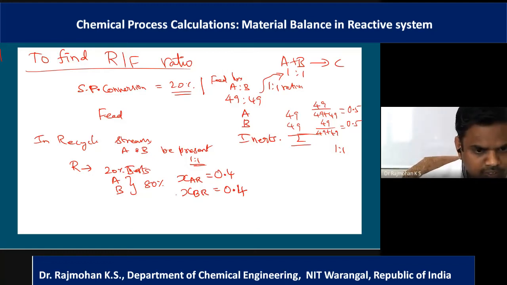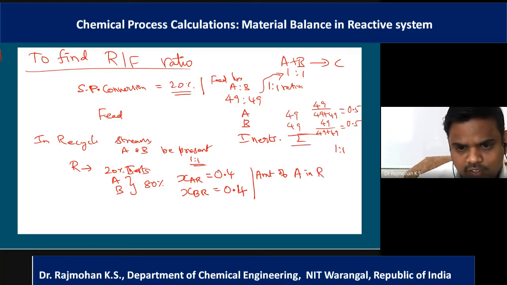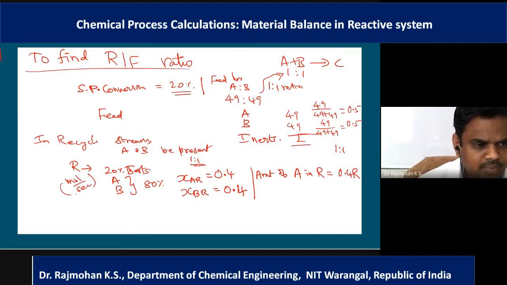Then what is the amount of A in R? This is a fraction, so the amount of A in R is equal to 0.4 times R, because R moles per second is entering. Now do the material balance for A in the fresh feed and recycle stream.